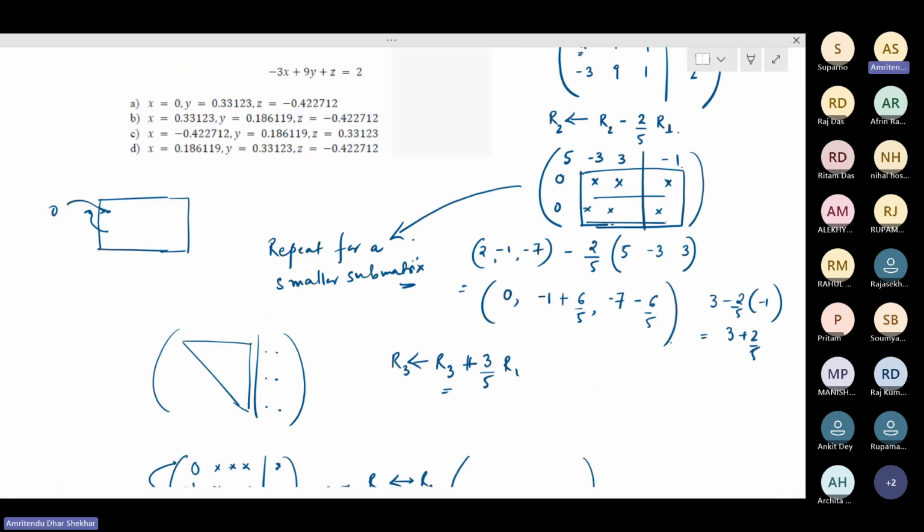You need the diagonal terms to be non-zero once you perform this scheme basically. So if something is equal to zero, you can interchange two rows.